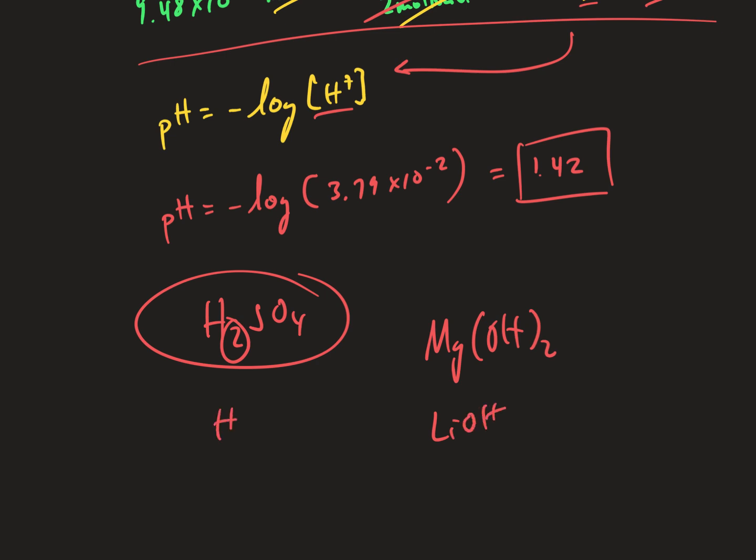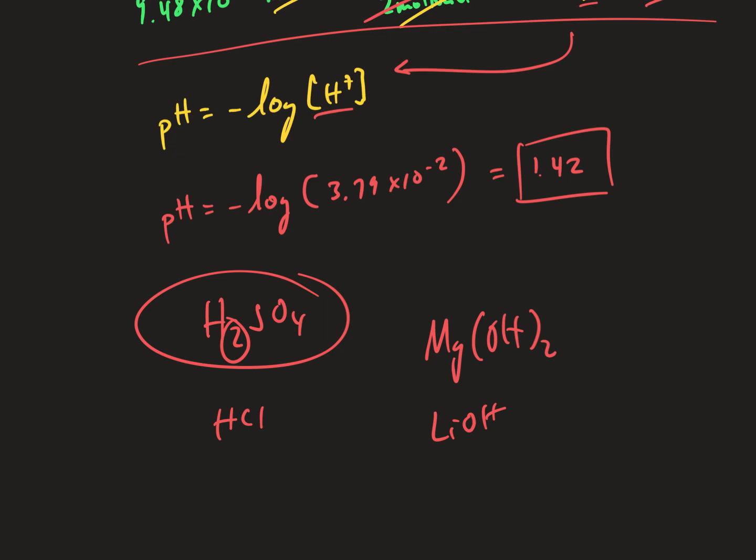Or hydrochloric acid, it's just a 1-to-1 ratio. Is that the part you're worried about? Yeah. Here's the thing: use dimensional analysis. Show all of your units. Don't skip units. Otherwise, you're going to mess up somewhere.